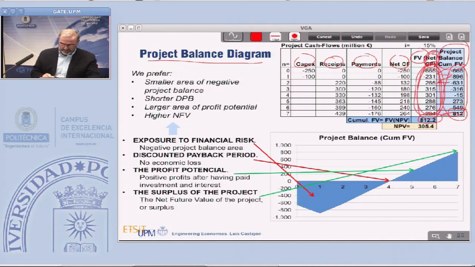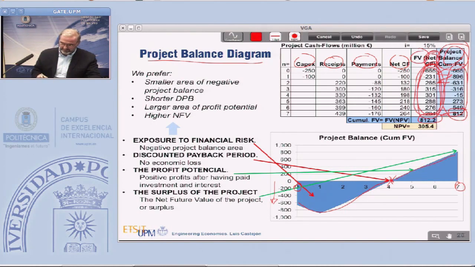We can draw this project balance in a chart, and you see here the years from year 0 to 7, and we are representing the project balance column. During 4 years the project balance is negative, below 0, and from the 4th year the project balance is positive.